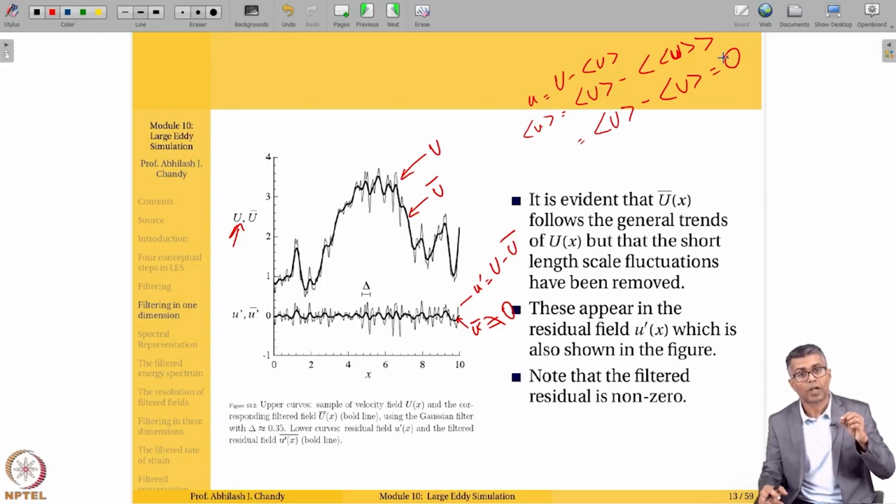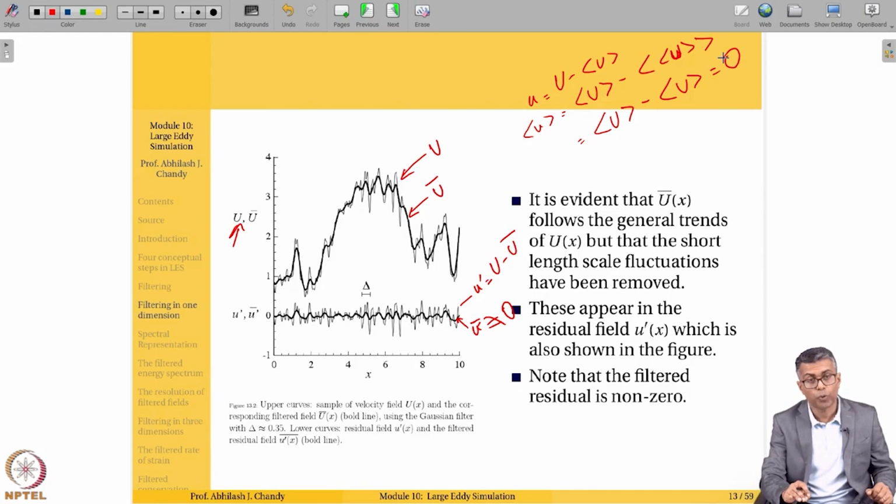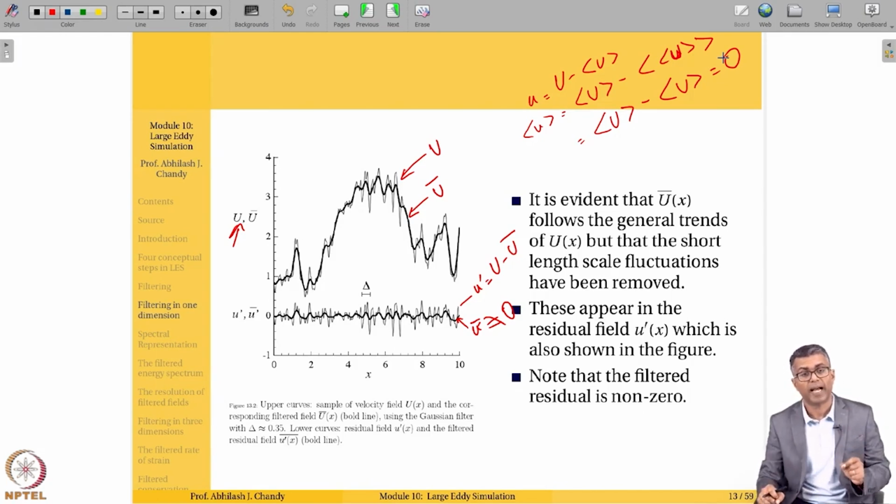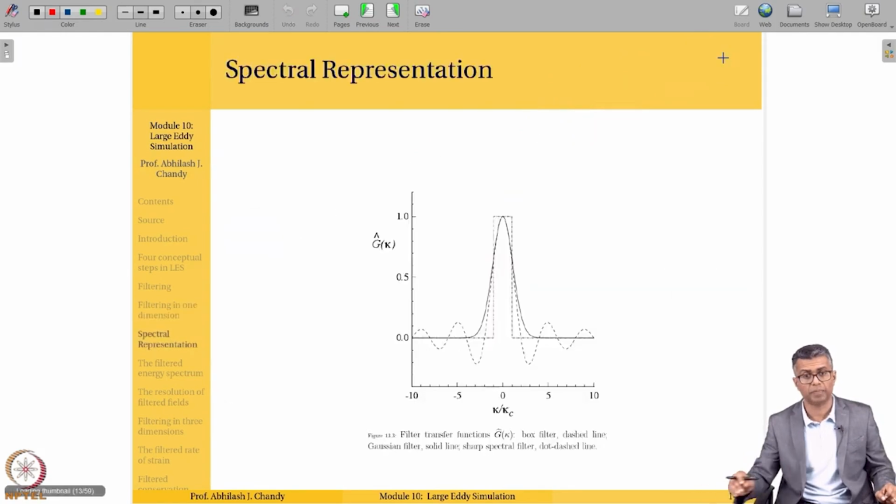That means U minus U bar, which is again another random variable, is your U prime, which is the residual field, and that cannot be 0, because U bar itself is not unique like you had U mean. So U minus U bar becomes U prime, which is the residual field, and that won't be equal to 0. So when you take a filtering over it, that is why U prime bar is not equal to 0. So I hope that is clear.